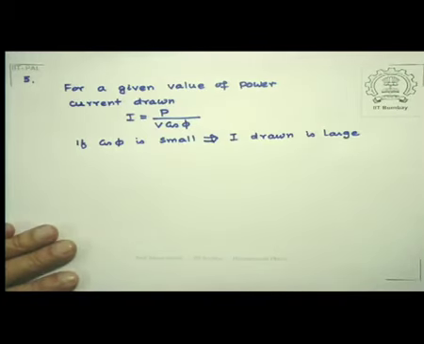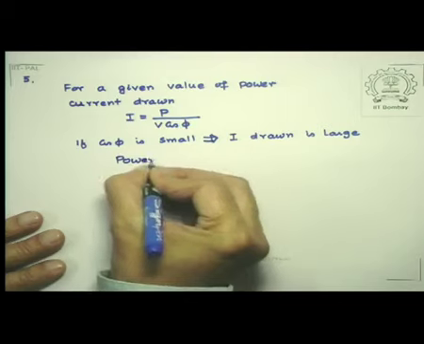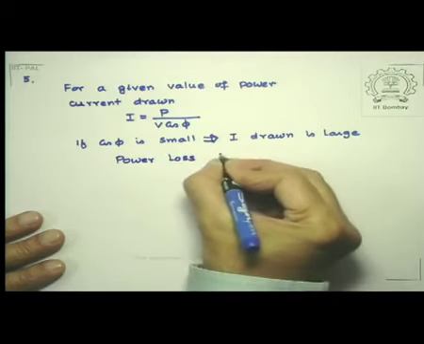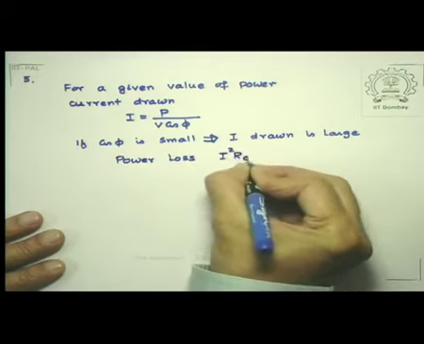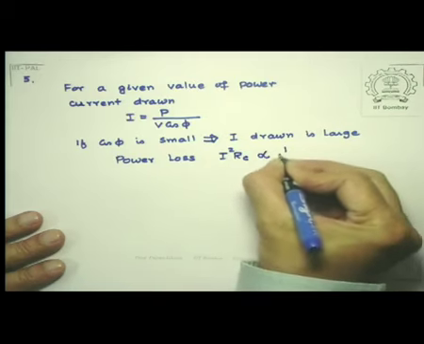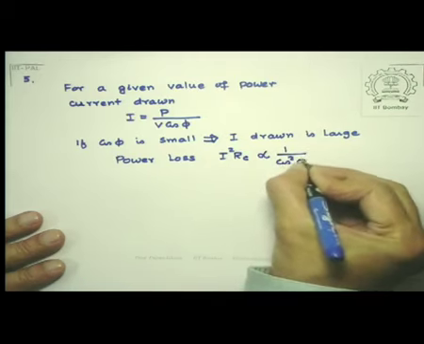Now, this implies that there will be higher losses along the transmission line. And the reason is, we know that the losses occur because of the resistance of the cables, and if I represent RC by the resistance of the transmission cables, then the power loss is I square RC, which is proportional to 1 over cosine square phi.